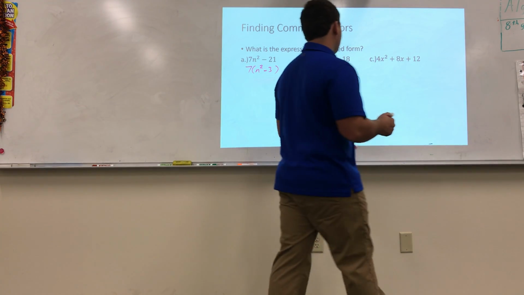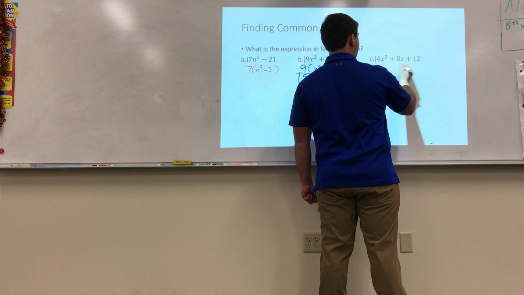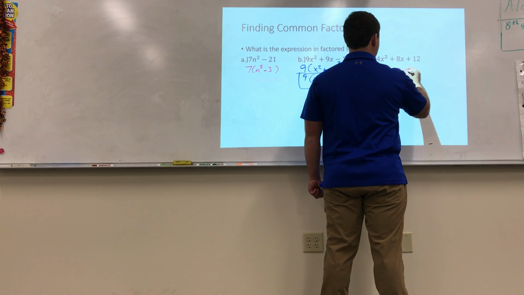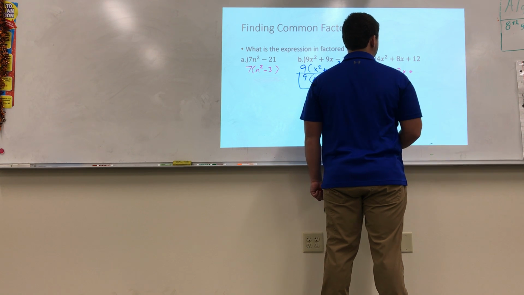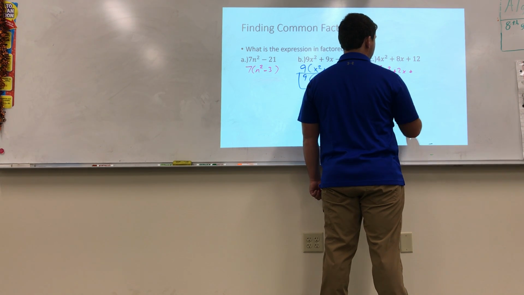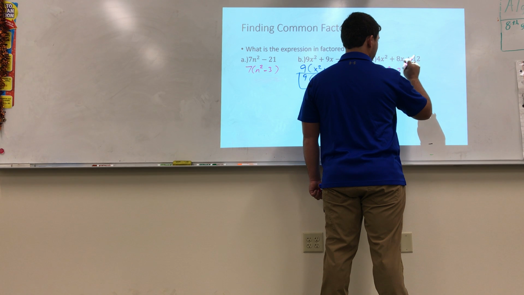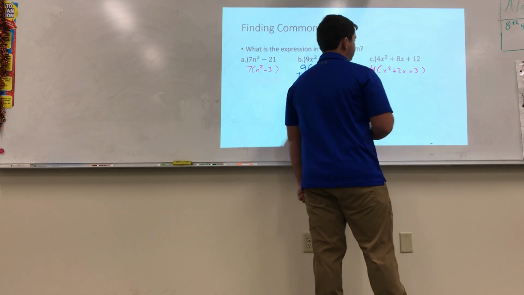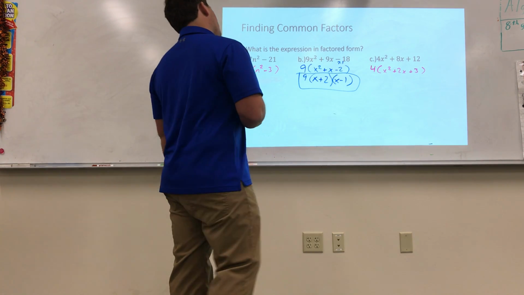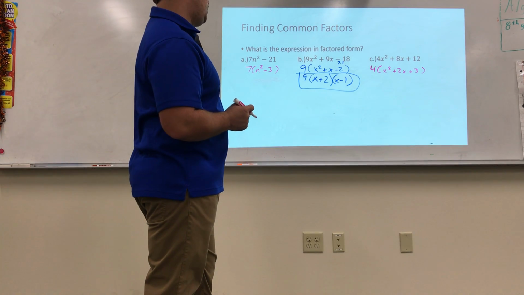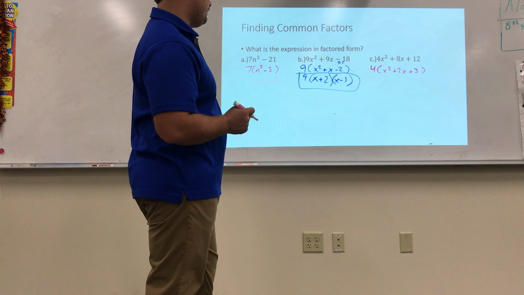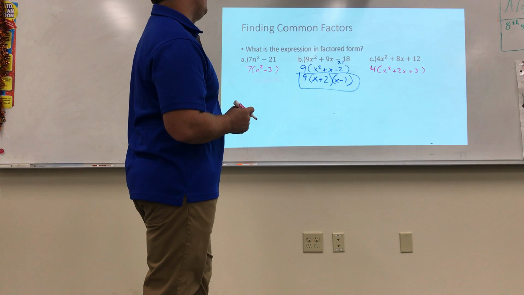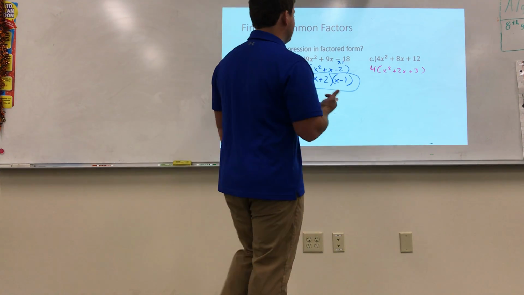Now, let's go here. We can divide a 4 out of everything, so we're going to have 4x to the second plus 2x plus 12? No, take a 4 out, 3. Okay, so we did that. Can we factor this anymore?